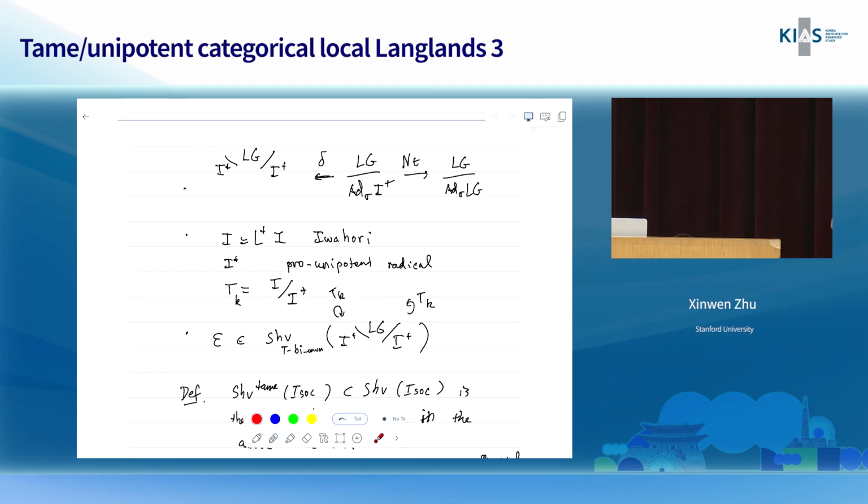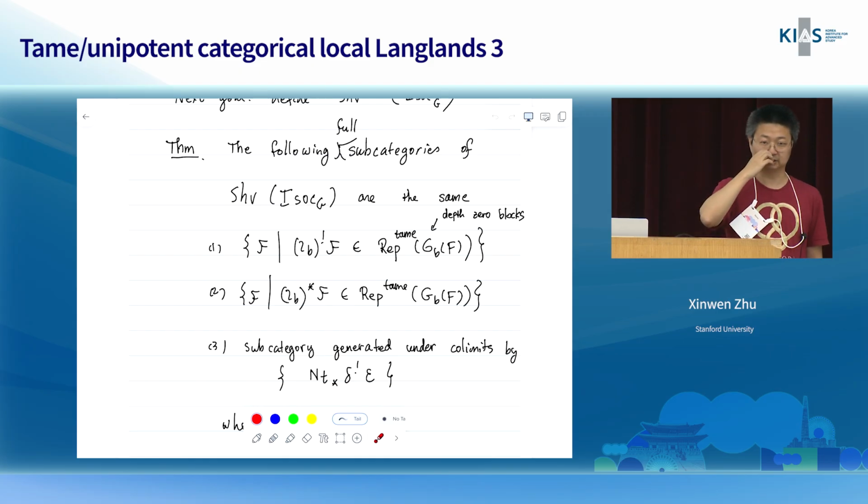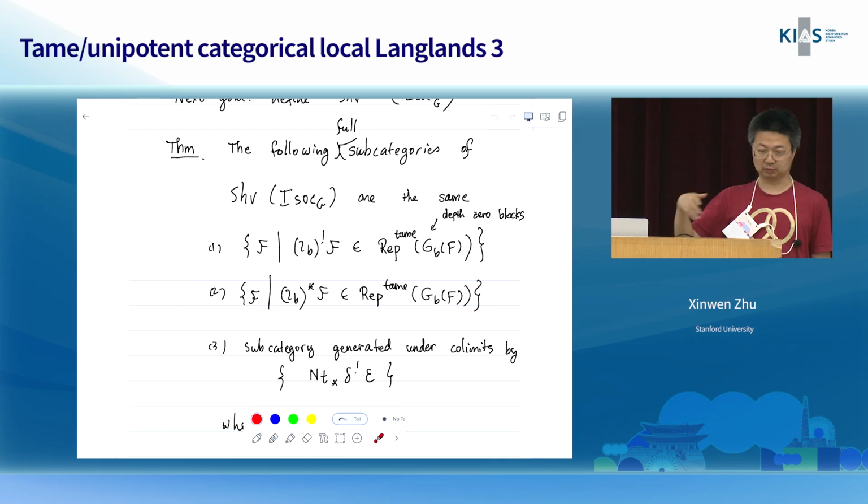The strategy to prove this was, the first two descriptions of this category are pretty concrete. When you restrict to each strata, it's something we know before, in classical representation theory. For representations of p-adic groups, we know what the depth zero representations are.